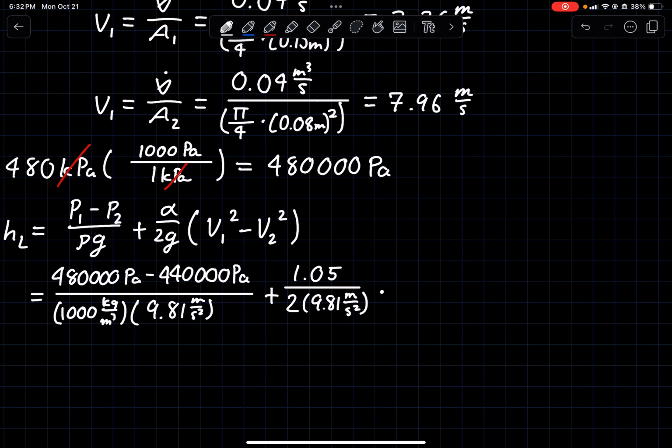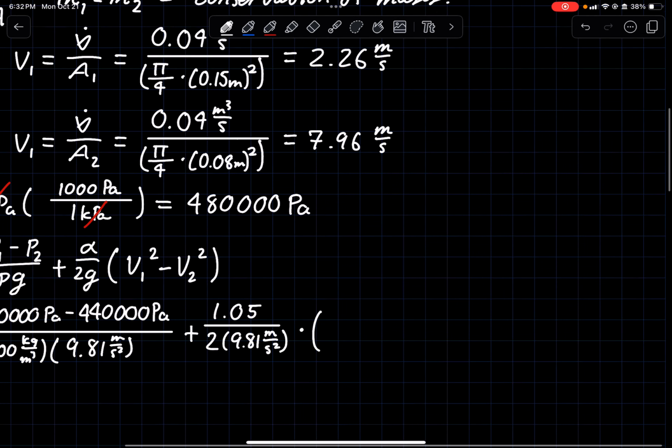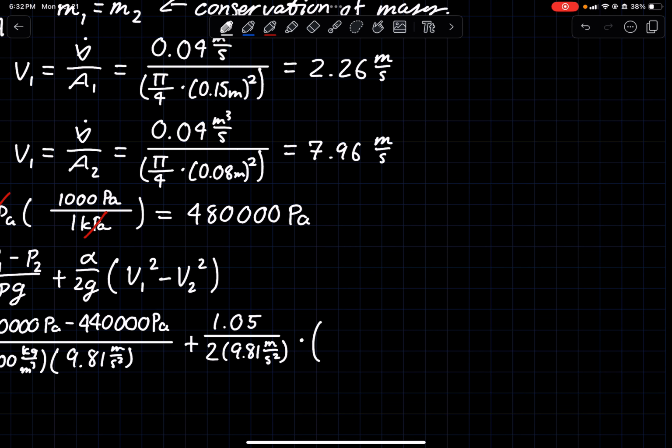And now all of this is multiplied by our velocity 1, which is, I just changed that to velocity 2 earlier.